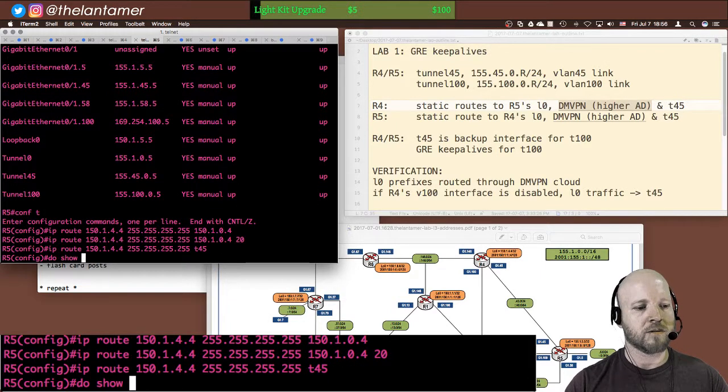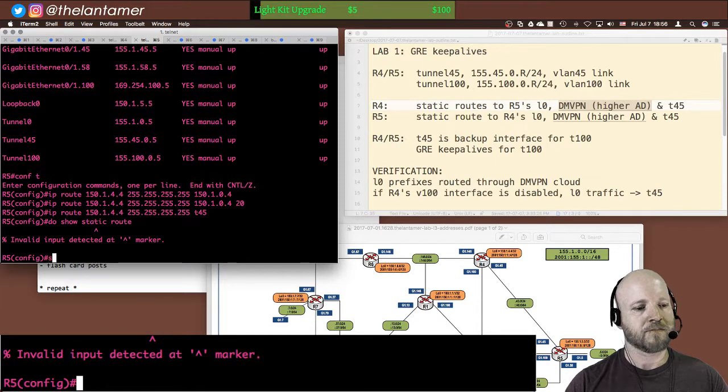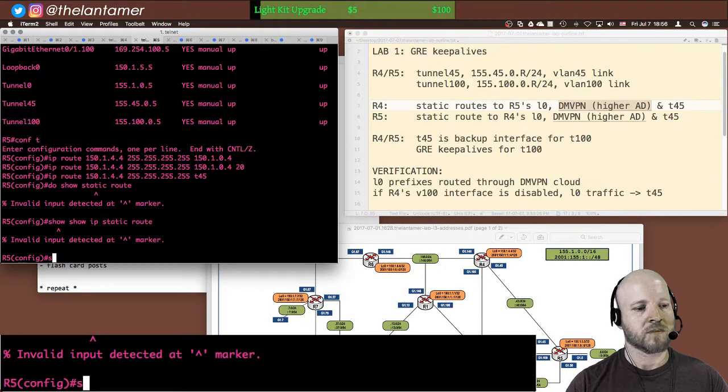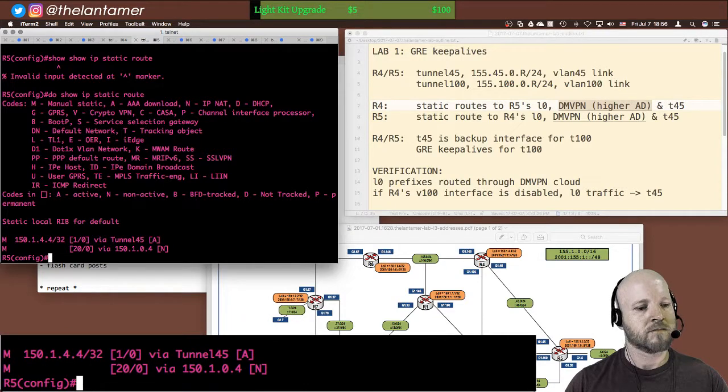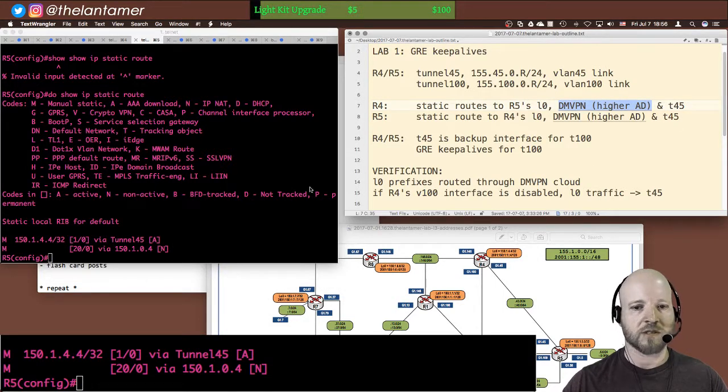Do show IP static route. Yeah, so this has an AD of 1 via tunnel 45. So we're doing what they're telling us to do.